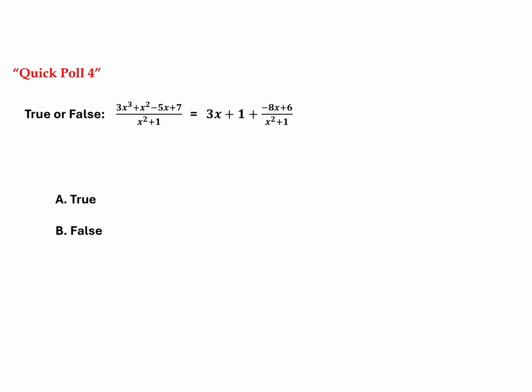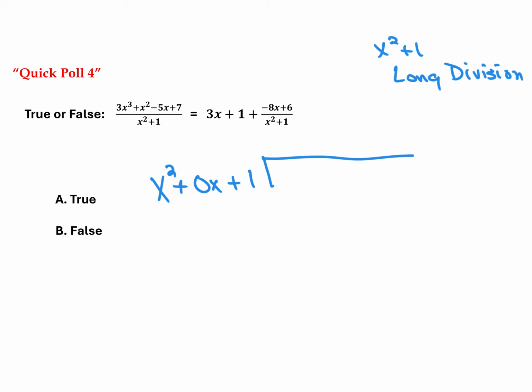All right, this is an example of a true-false question. And because your divisor is x squared plus 1, that tells me that we have to do long division. All right, so if I am doing long division, notice what I do. I put in a 0x.